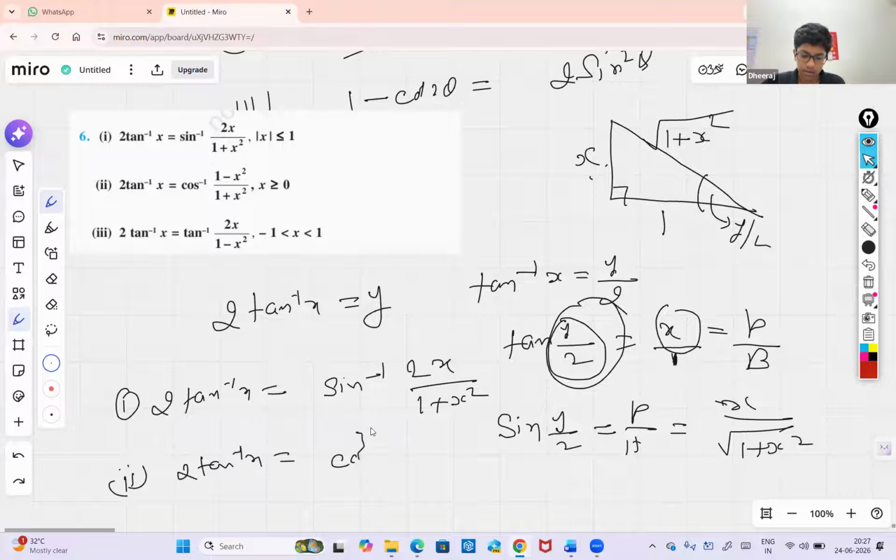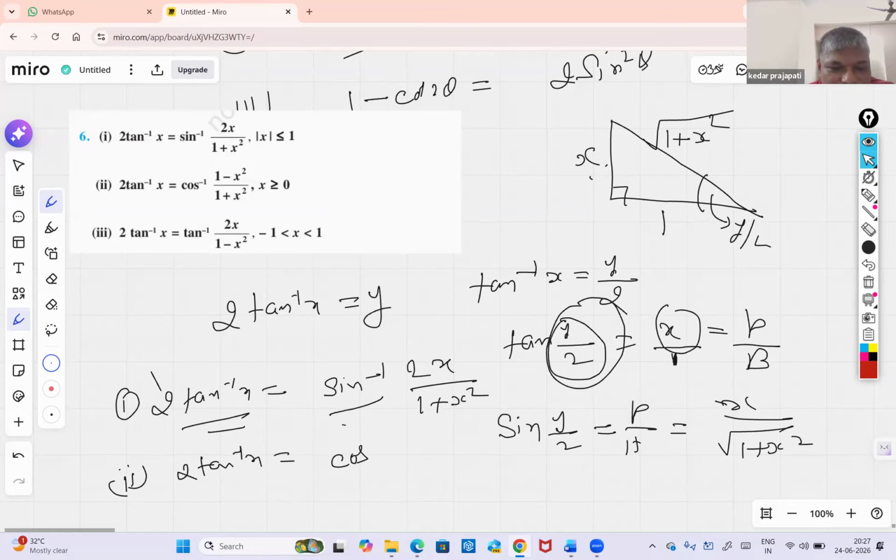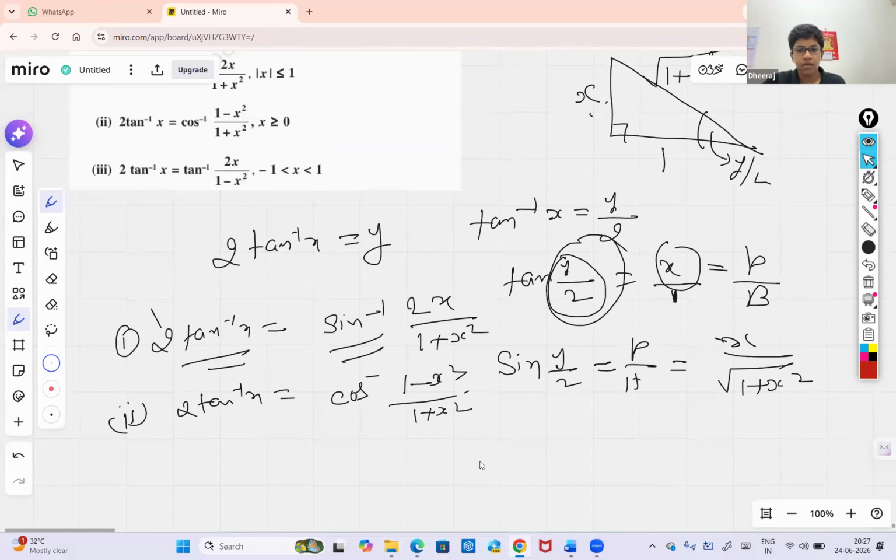1 minus x square by 1 plus x square, in terms of cos. So what I am telling is this tan inverse x will be written in terms of cos inverse, sine inverse, and tan inverse. These formulas are very important.